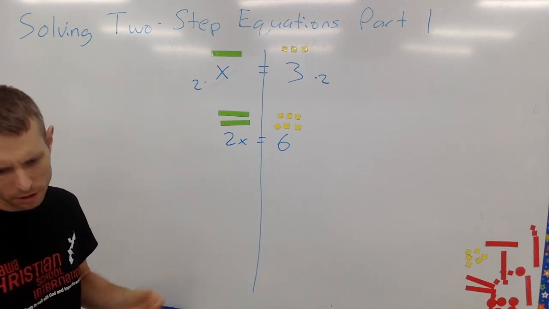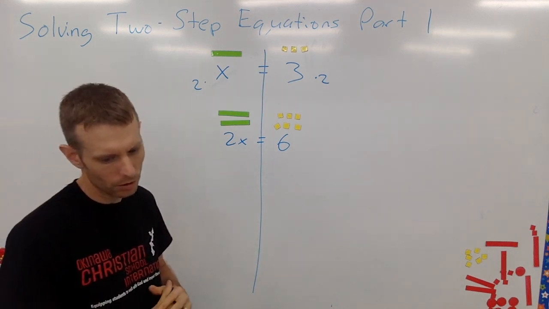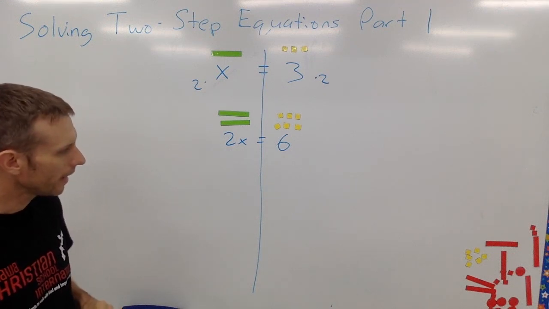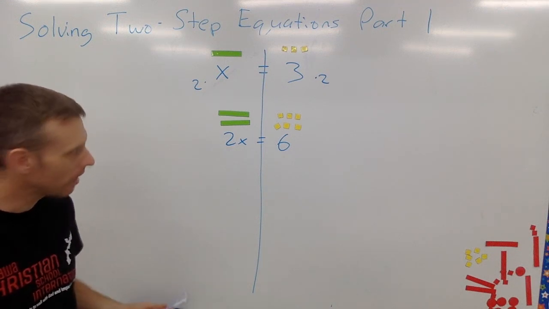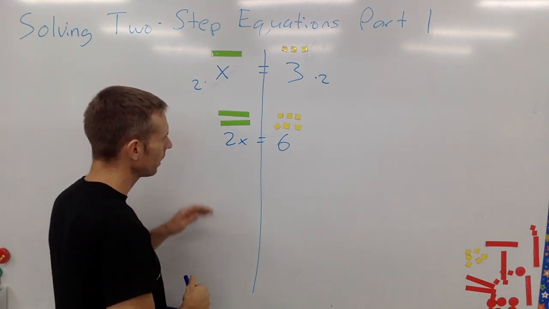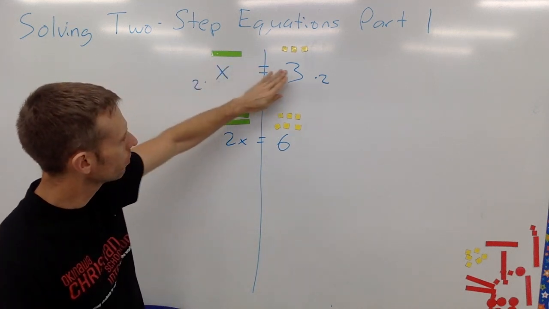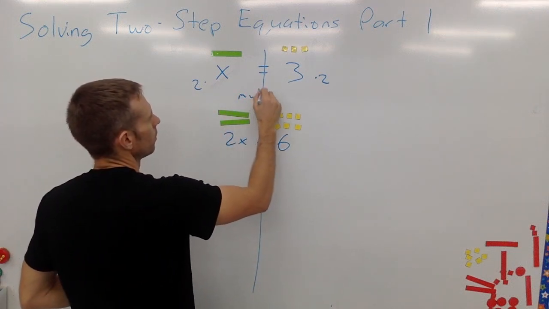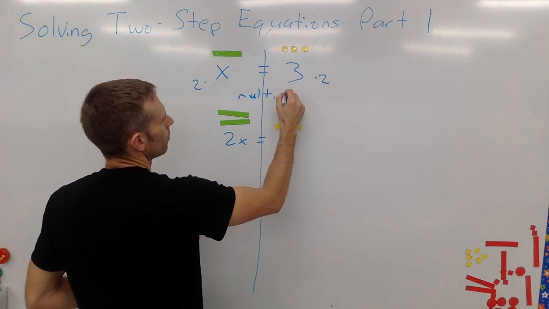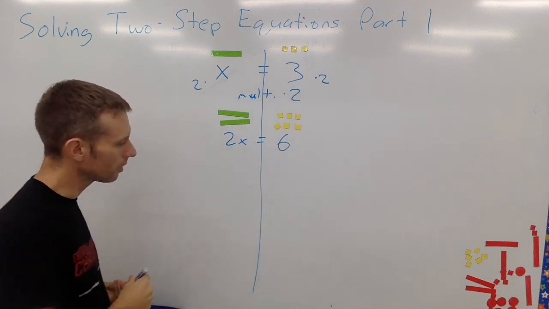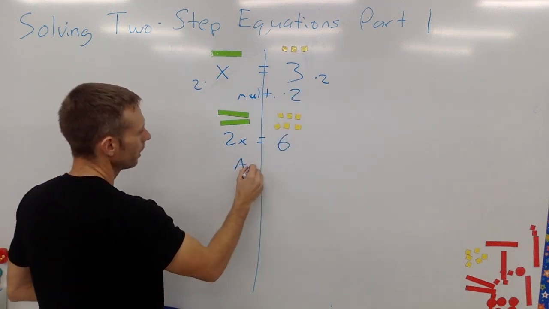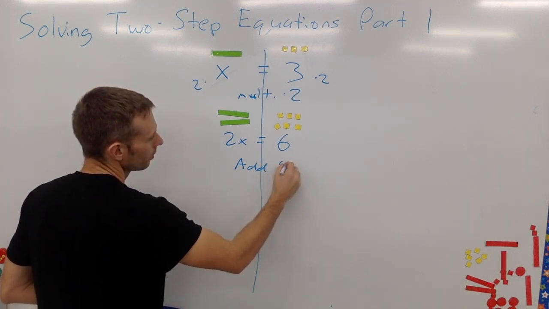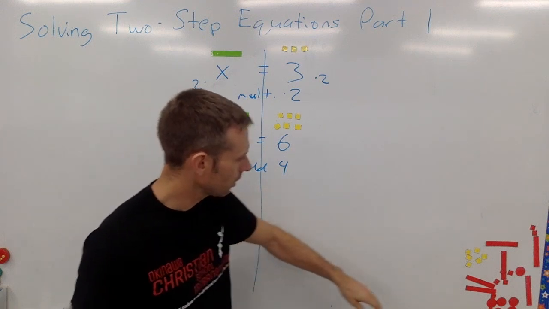Now, to make it one more step, let's say I add 4 to each side. I had x equals 3, then I multiplied by 2, and now I have 2x equals 6. Now I'm going to add 4.